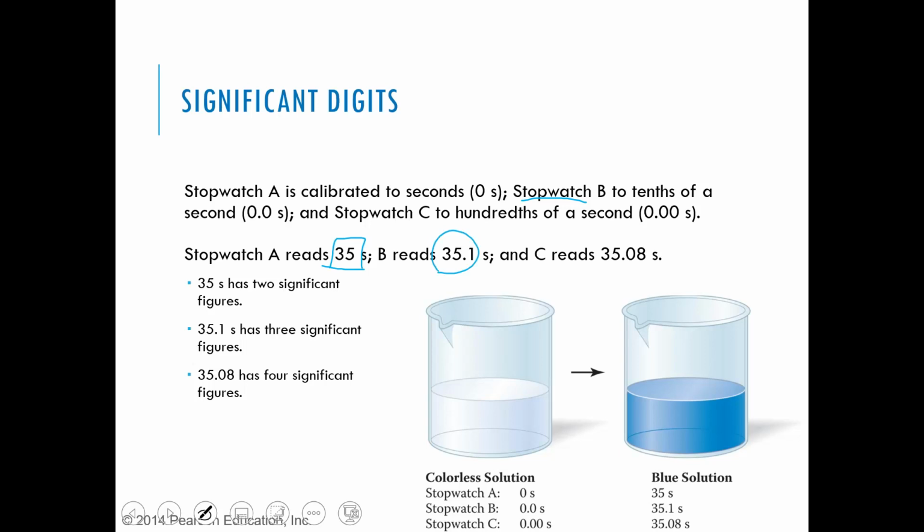Stopwatch B said, well, no, it's actually 35.1. So not only are we being more precise, but we now have 3 significant figures in this measurement. And stopwatch C said 35.08 seconds. So that now has 4 significant figures.